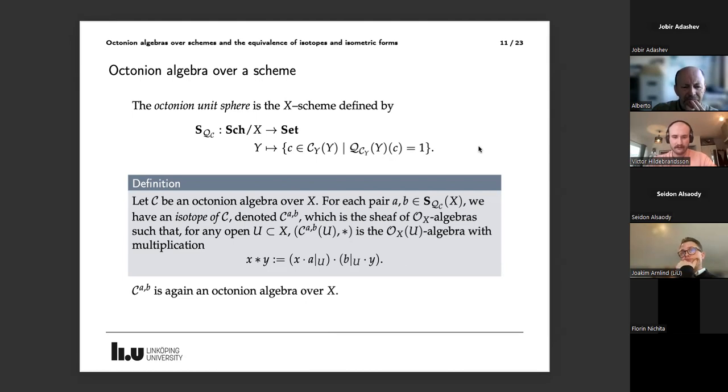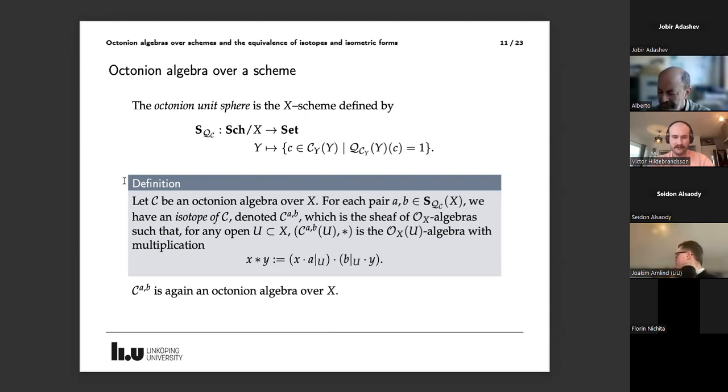And then an isotope of an octonion algebra for some pair (A, B) of global sections with norm 1, as I said, over our octonion algebra.